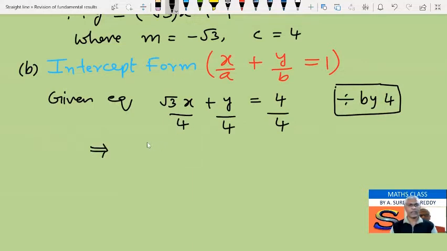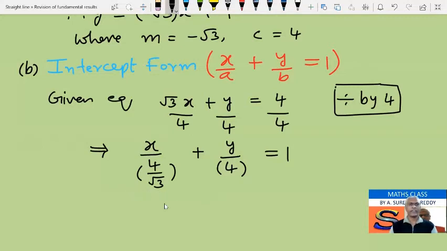By dividing the entire equation by 4, right side value becomes 1. And this can be rearranged as x by 4 by root 3 and y by 4 is equal to 1.